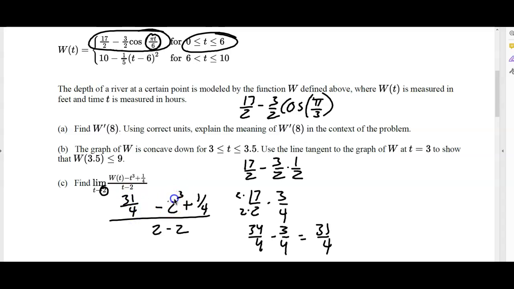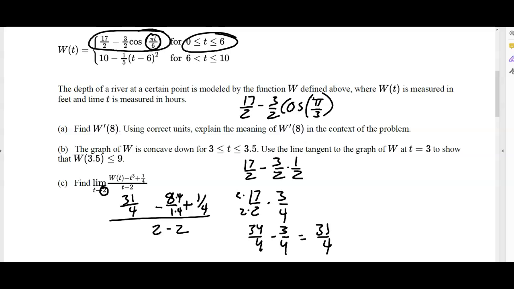Now, 2 to the third power is 8. Now I need to combine all these together, so I'm going to think of that as over 1. I'm going to multiply the top and the bottom here by 4, and so that becomes 32 over 4.